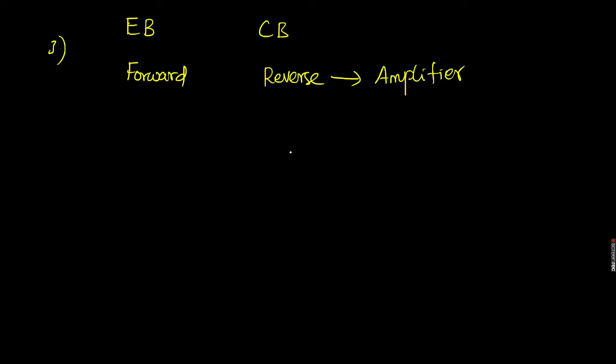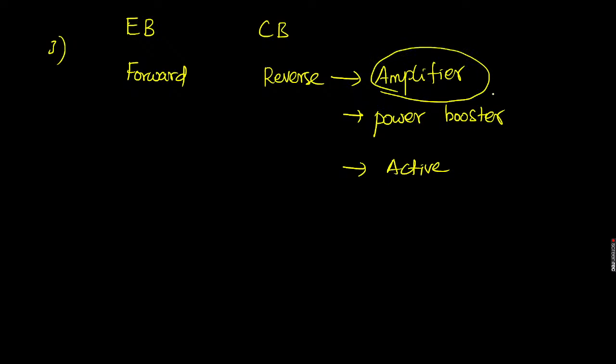Actually, what are we doing with the help of a transistor? A transistor can act as a power booster. That's why a transistor is considered an active element, because it will boost the power. When will it boost the power? When it acts as an amplifier.